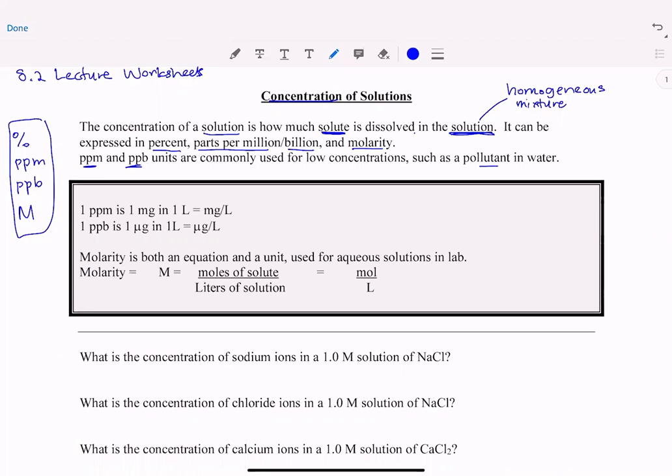We saw that for the air pollutants, and it's still true for water pollutants: you want a very low concentration, or there better be a very low concentration of these pollutants in water. So we're going to use a unit that describes a low concentration. Remember, ppm is parts per million, and ppb will be less than that.